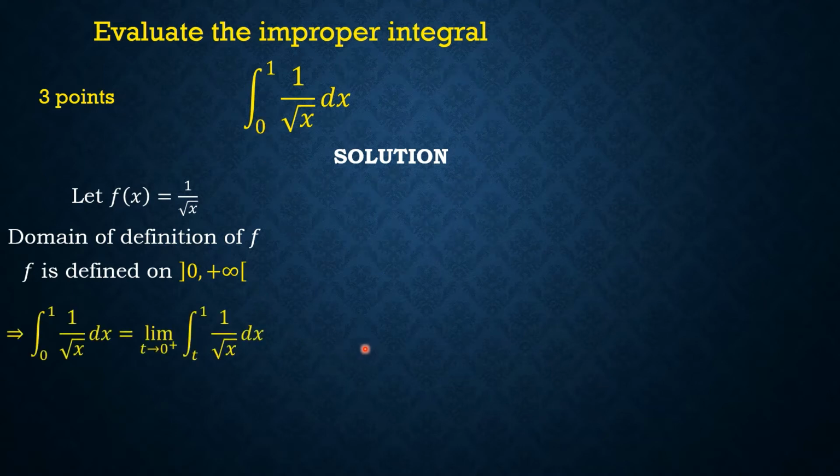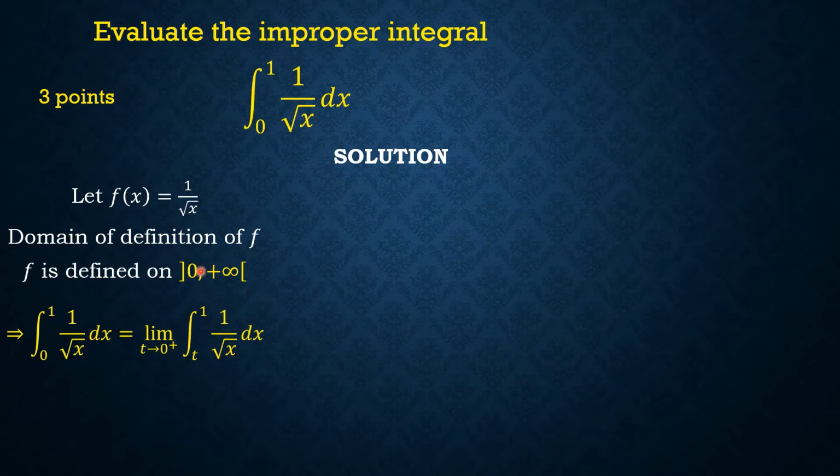For improper integrals, we use the limit definition, because at the end you are not going to be substituting 0, since 0 is not in the domain of definition of the integrand. So you take the limit as a certain parameter tends to 0.